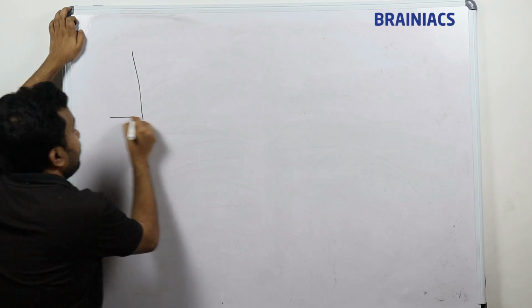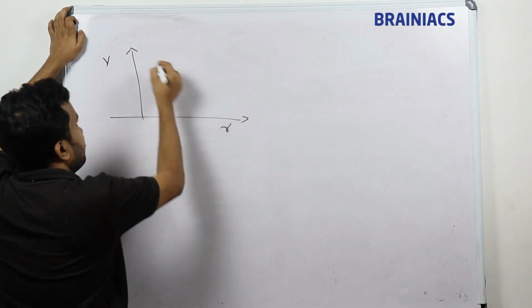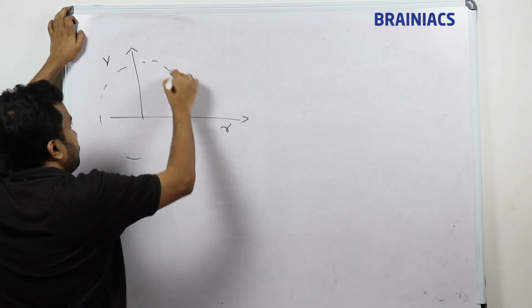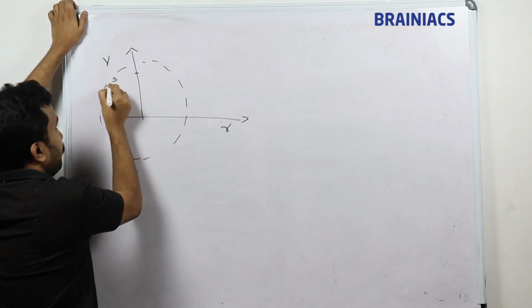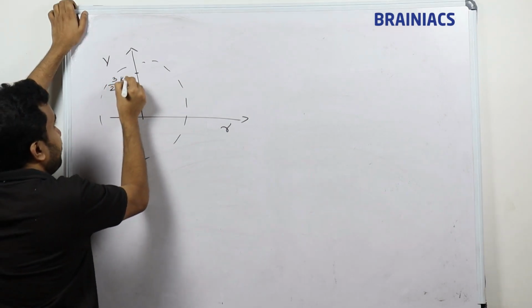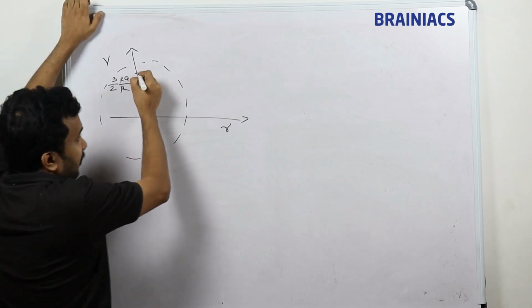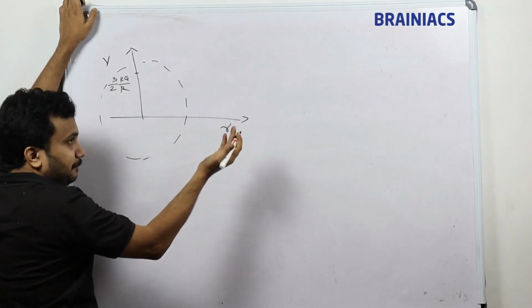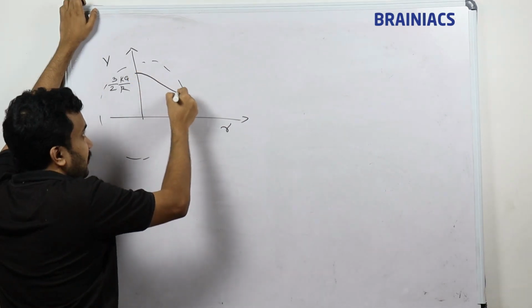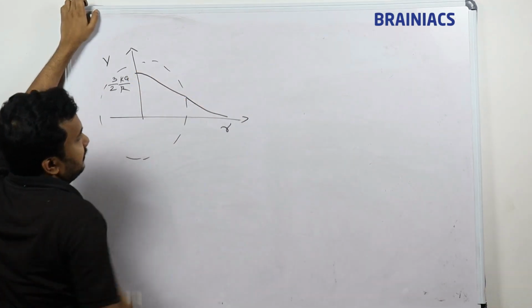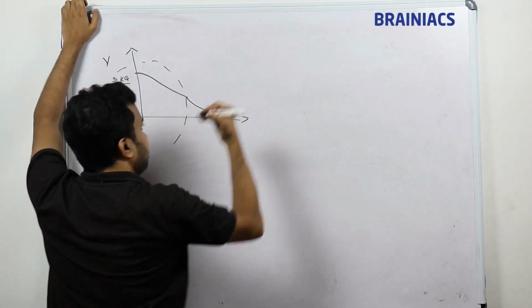So in case of a solid non-conducting sphere, this is the potential, this is at a distance r. If you have a sphere like this, then the potential at the center is 3 by 2 times kq divided by R. After that, based on the inside formula, the potential is reduced like this, then it goes like this. This is the slope after the surface.